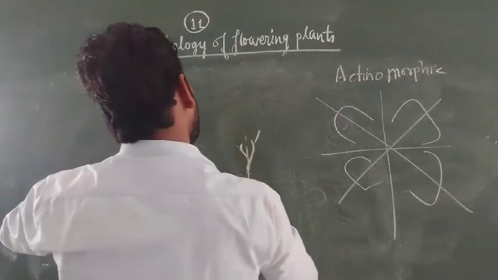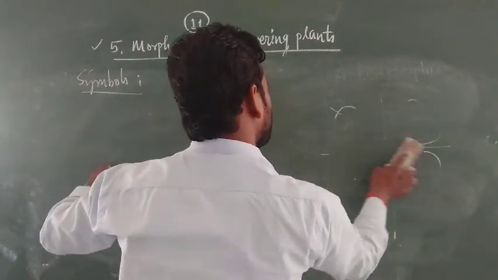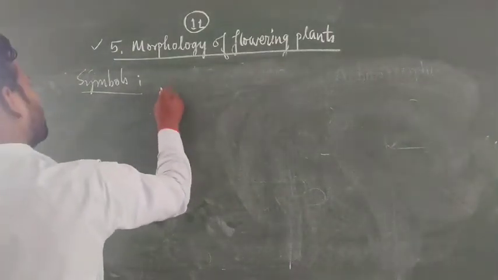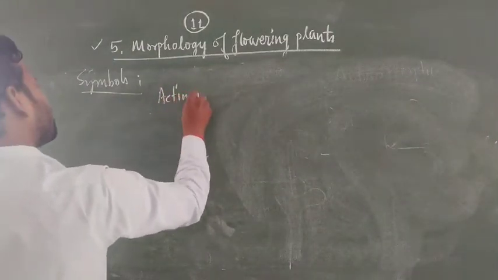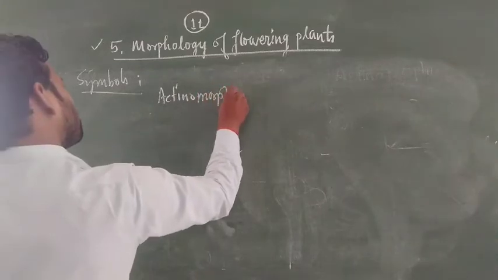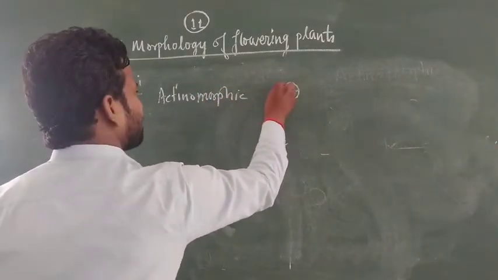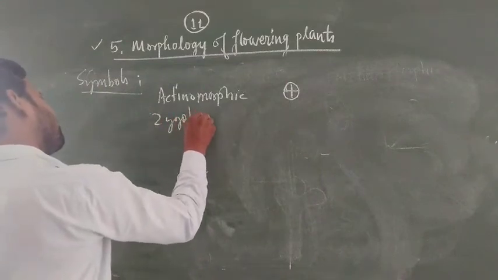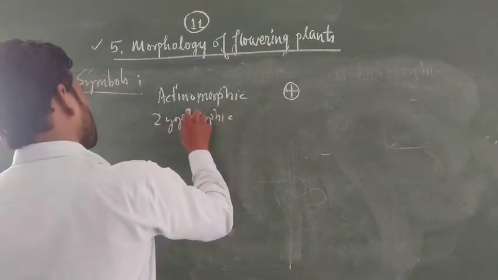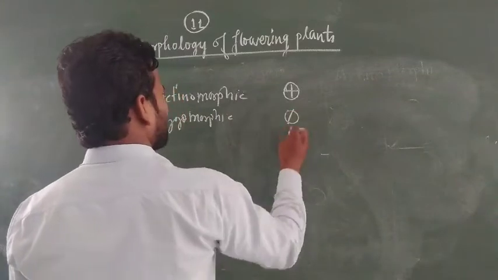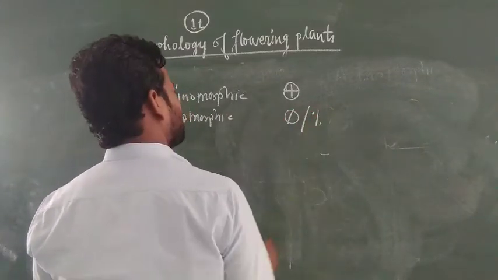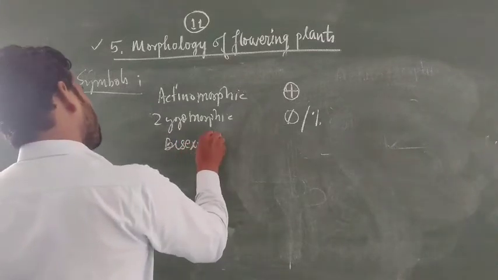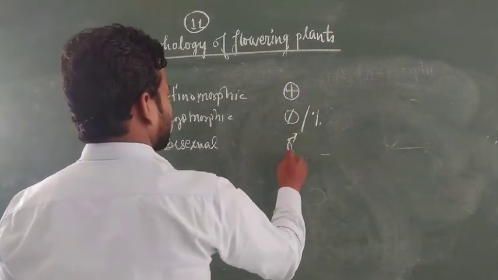Now, at the time of symbol formation, let us see the actinomorphic situation, represented by this diagram. The zygomorphic situation is represented by this diagram. A bisexual flower is represented by this diagram.